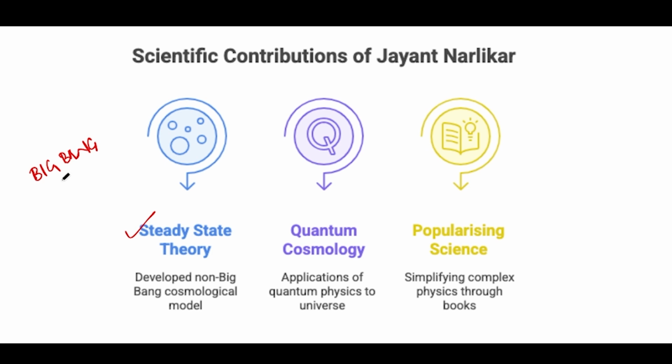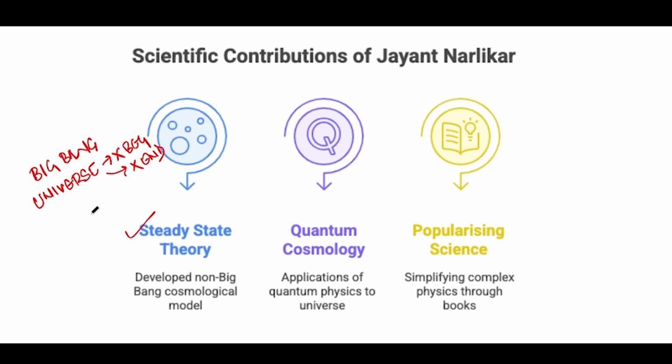So we know that the Big Bang theory focuses on one single explosion for the creation of the universe. On the other hand, the steady state theory propounded by Narlikar suggests that the universe has no beginning and no end, and that it looks almost the same at all times.